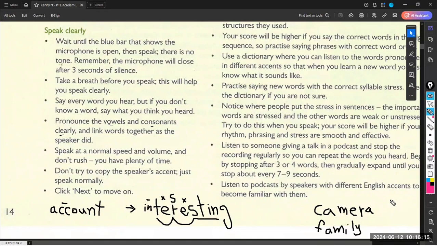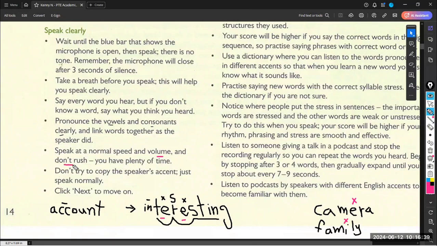Camera and family. So be careful because the vowels are deleted. I cannot say camera with every vowel. You have to say camera, I deleted the E, the vowel letter. And family, I didn't say every vowel. So be careful. These are vowel sounds, the A and the E here. Be careful about them because you have to imitate the speaker.